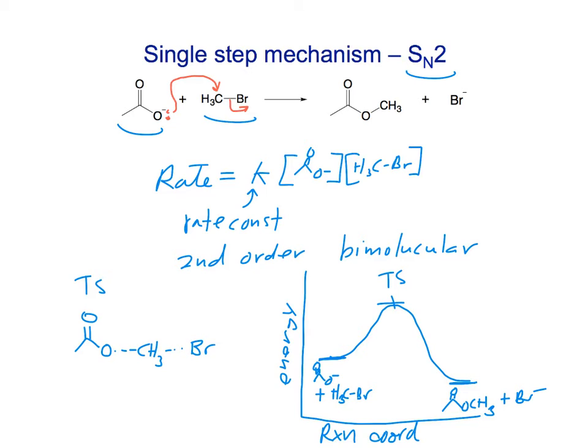We notice that in the reactants, the full negative charge is on the oxygen. It's giving away electrons, so in the transition state, it would have a delta minus. And the bromide is neutral in the reactants, but it has a minus charge in the products, so it's developing a minus charge as the reaction progresses. So this is how we might draw the transition state.